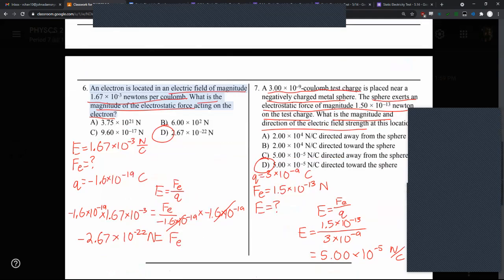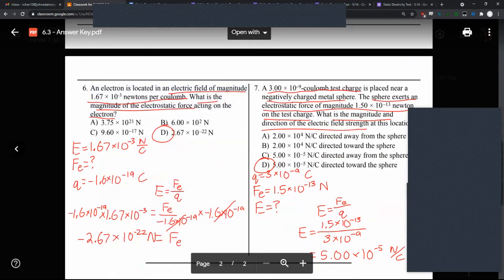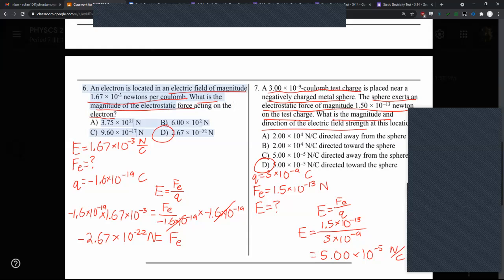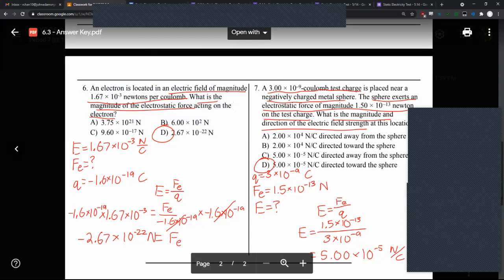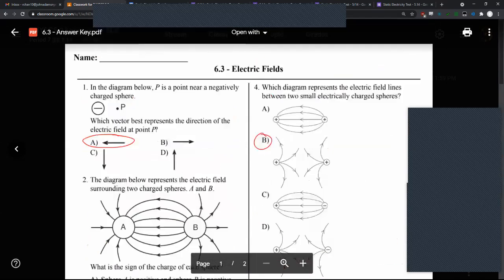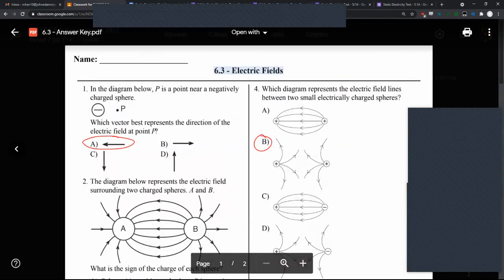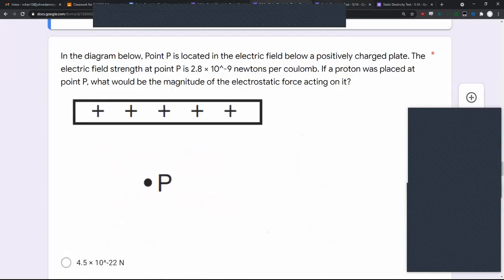I just changed your knowns, and instead of an electron, I changed it to a proton. It was essentially asking for the same unknown. It was basically question 6 on homework 6.3. Same thing.